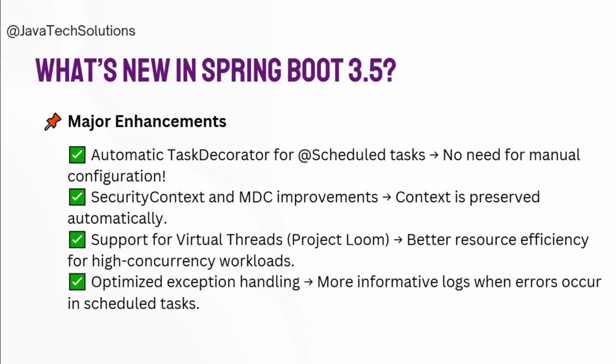It also supports virtual threads for better resource efficiency and for high concurrency workloads. Another one, it optimizes exception handling in a more informative way, so we can log errors when they occur in scheduled tasks. These are the major enhancements in Spring Boot 3.5.